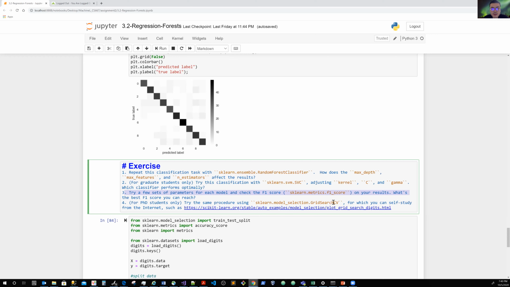But keep in mind, the grid search metric may not be the F1 score, right? So for the F1, it may be a little different still. Okay, so the grid search may be using accuracy as a metric. You need to double check.